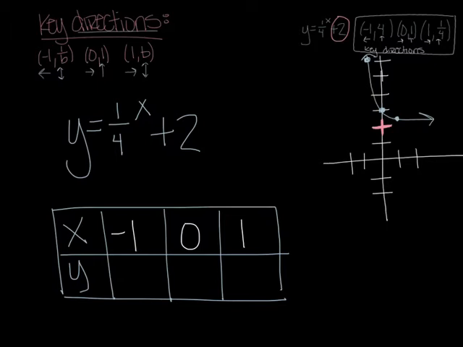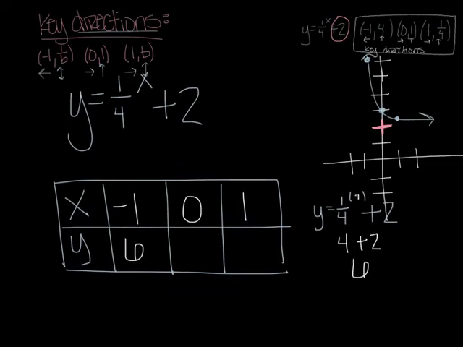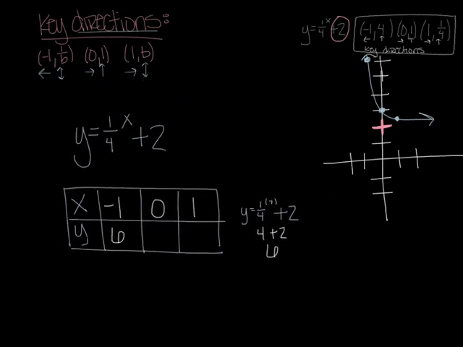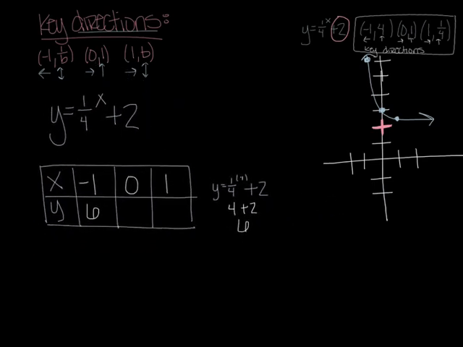We have y equals 1/4 to the x plus 2. And our first x value is a -1. 1/4 to the -1 is 4. And 4 plus 2 is 6. So when x is -1, y is 6. Let's try another one. We have y equals 1/4 to the x plus 2.